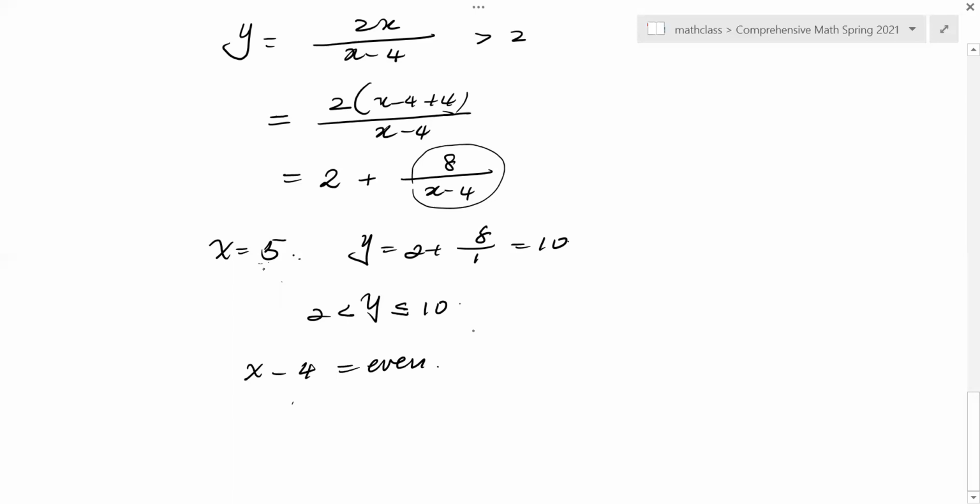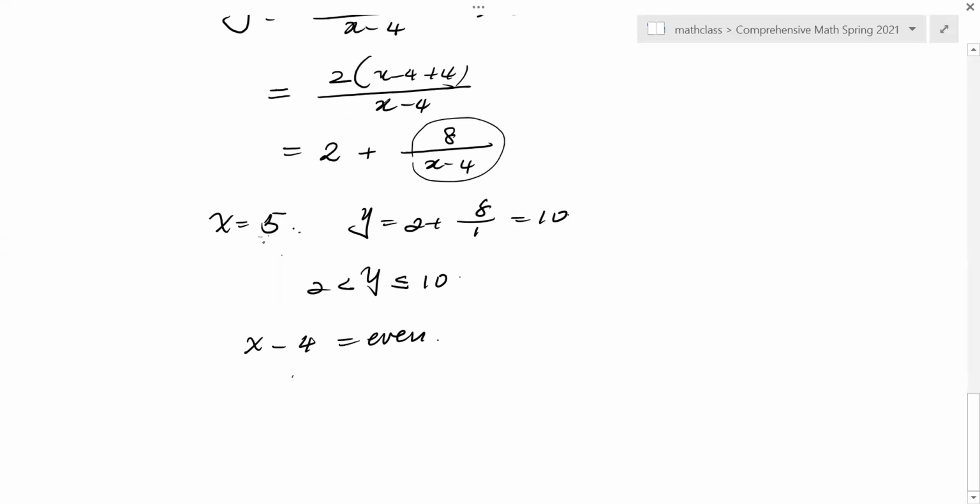And there are not many choices. 8 should be divided by x minus 4, so in order to get an integer, x minus 4 should be 1, 2, 4, and 8.